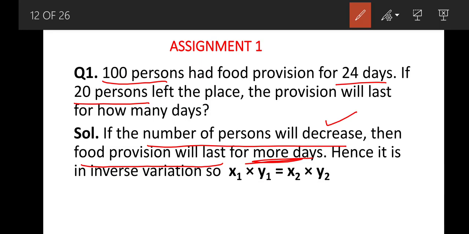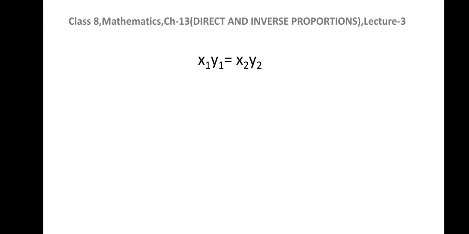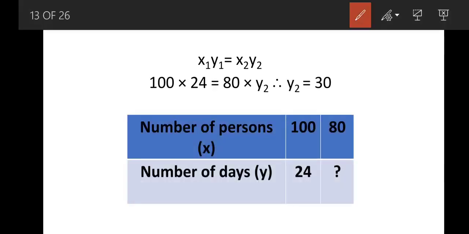So it is a concept of inverse variation. And I hope you all know what we are supposed to use in inverse variation, x1 into y1 is equal to x2 into y2. I have made the table also. This table is to be made to make your question easier. So number of persons and number of days I have taken.